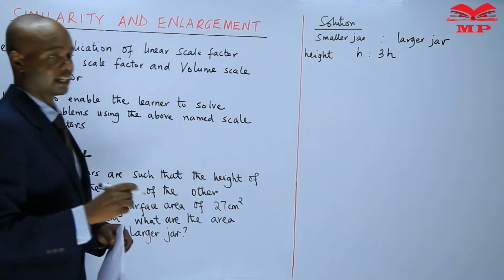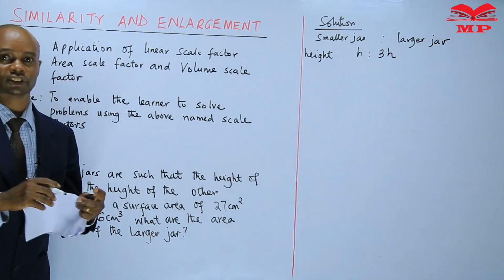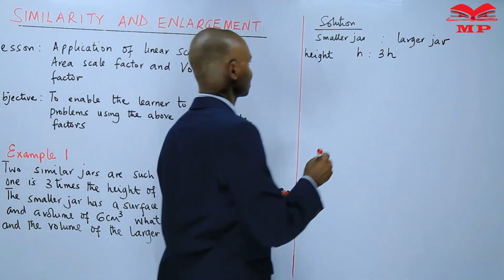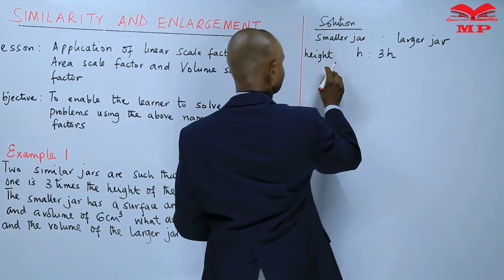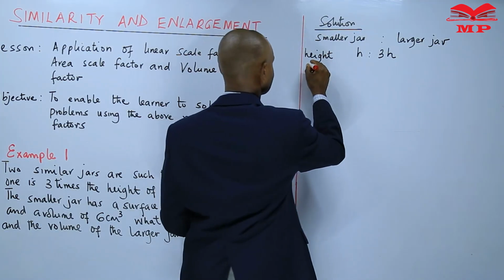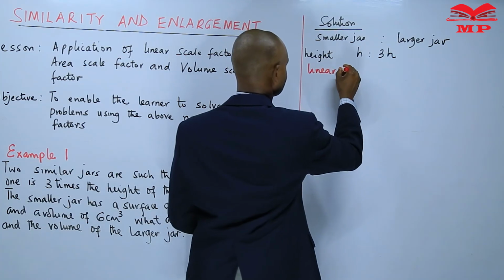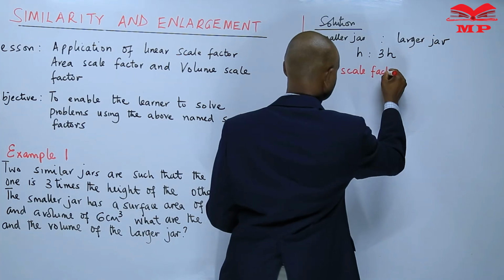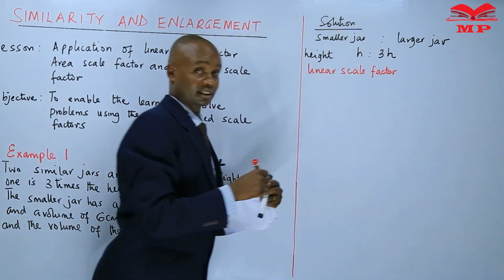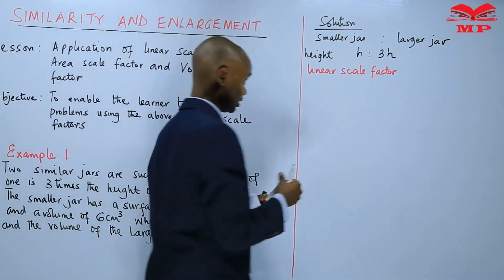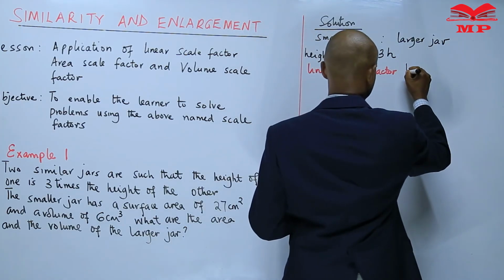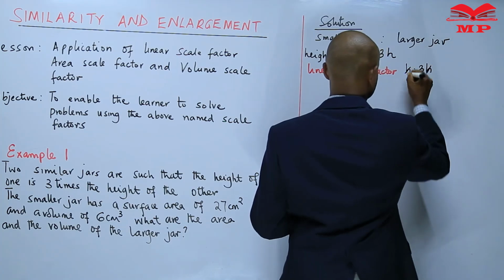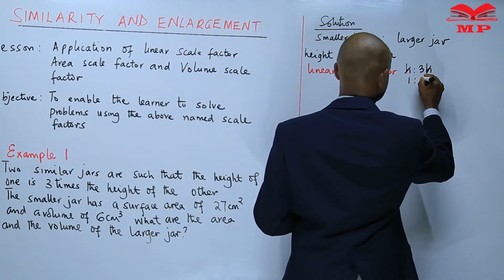So the linear scale factor when comparing the jars will be h to 3h. The h and the h cancel, and you have 1 to 3.